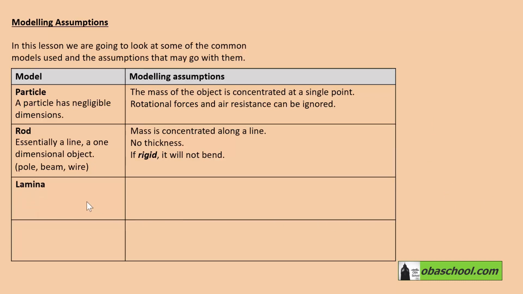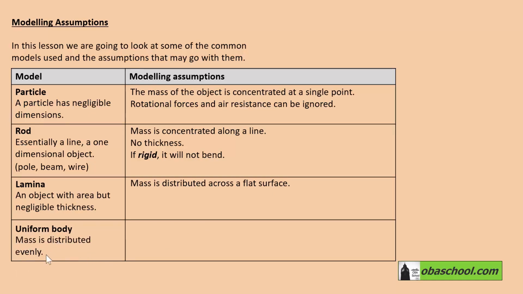A laminar. An object with area but negligible thickness. So a rod is one-dimensional, a laminar is two-dimensional. Imagine a sheet of paper with no thickness. Mass is distributed across a flat surface, although once again we might consider the weight to act at a particular point. A uniform body.